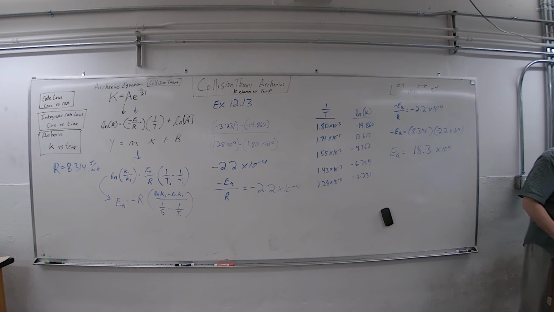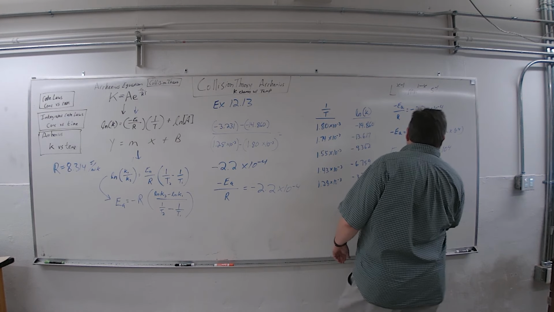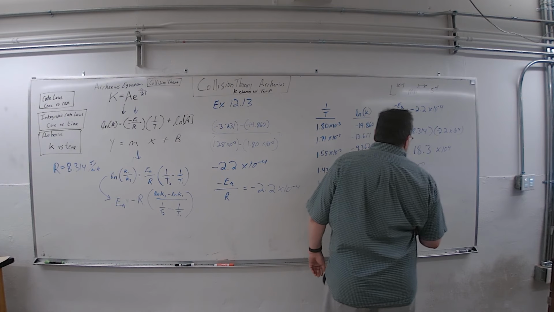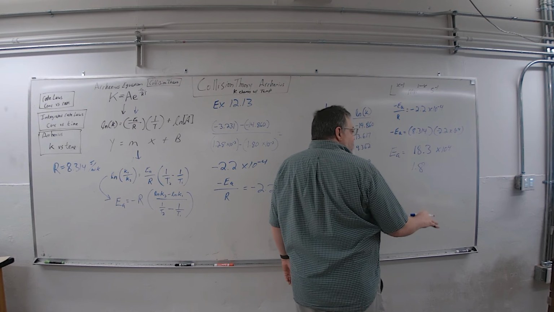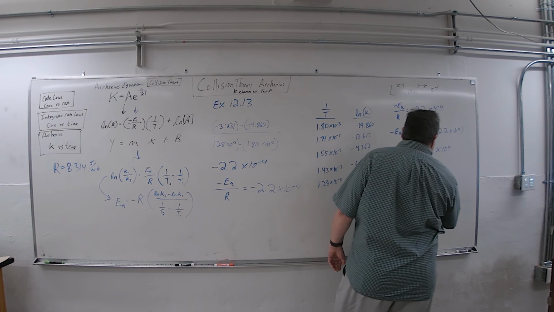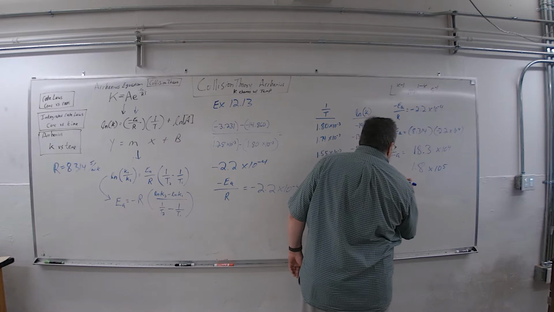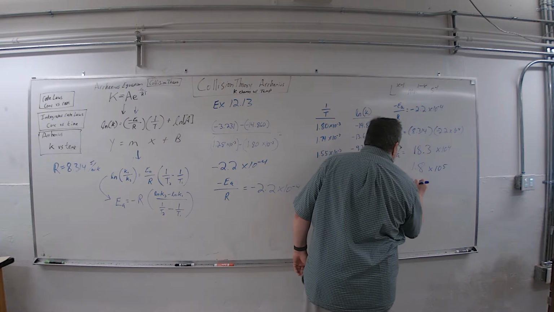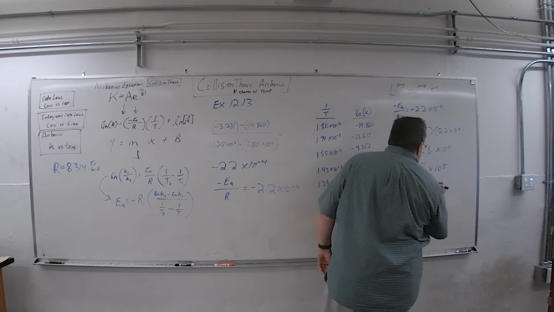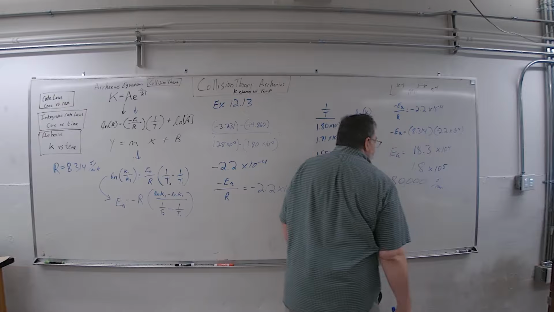So they put it in scientific notation. Since I gave you A, B, C, D, and E on a test, it should be there in some form. And this comes out in joules per mole.